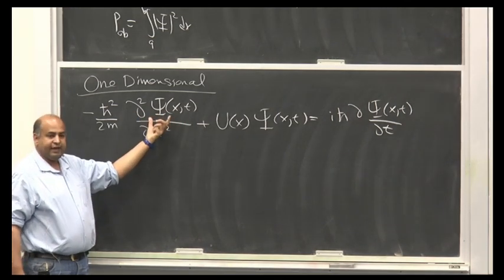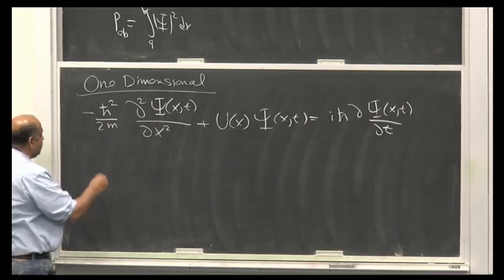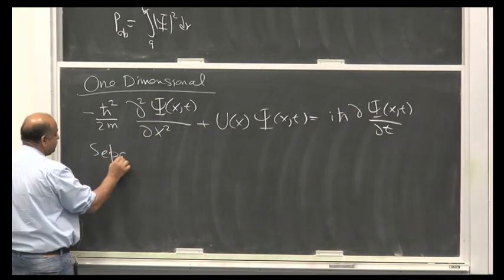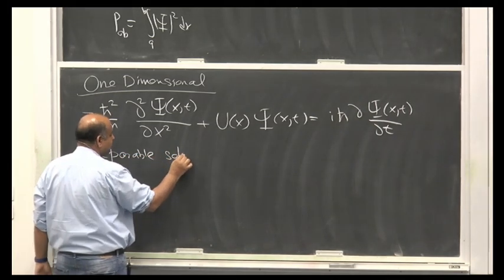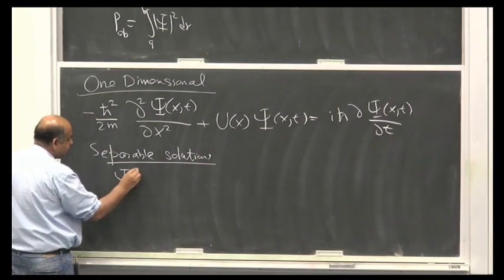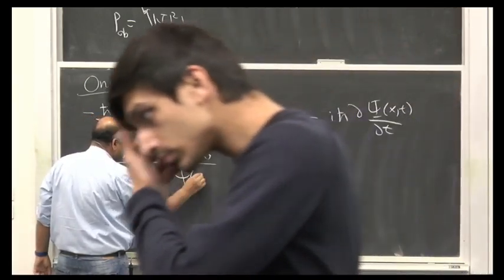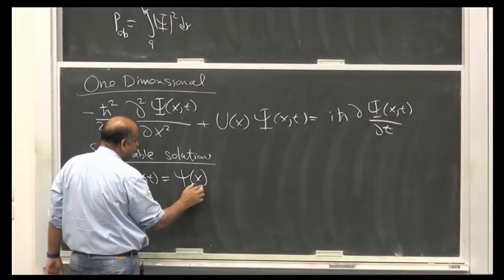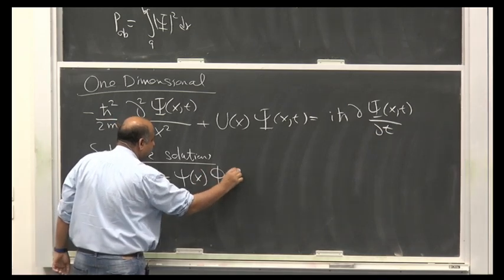So this equation has several types of solutions. One of those types of solutions are called separable solutions, and we are only going to be dealing with those. So these separable solutions are solutions where we can write the wave function psi of x,t as a product of a part which is only dependent on x and a part which is only dependent on time.